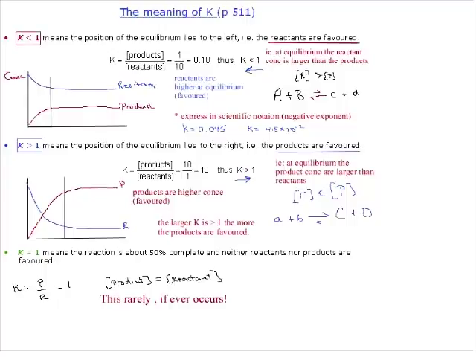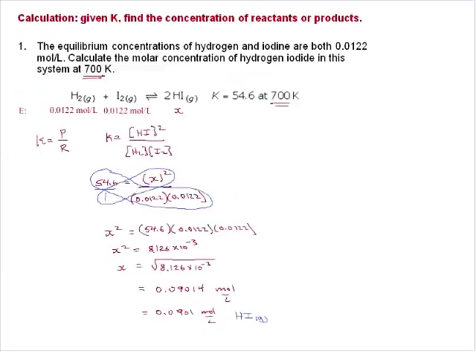So if we go back and look at this particular calculation right here, we're saying, look, K is greater than 1. K, I'm just going to do this in a different color here. We'll look at this and say, K is much greater than 1. So what this is saying is that the products are favored.